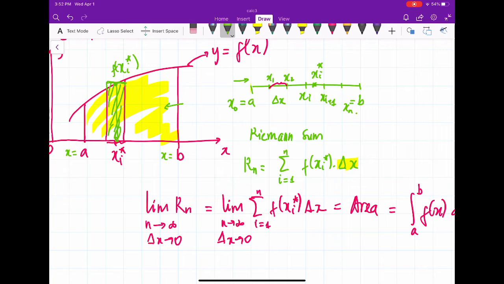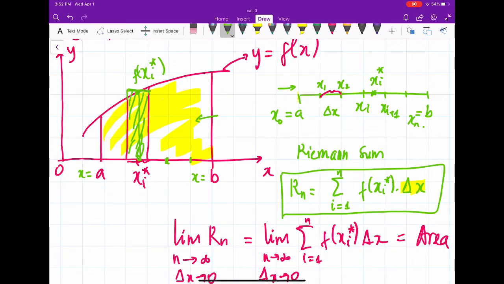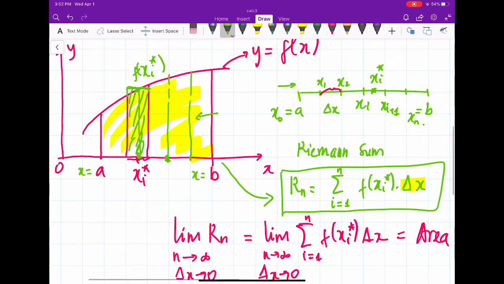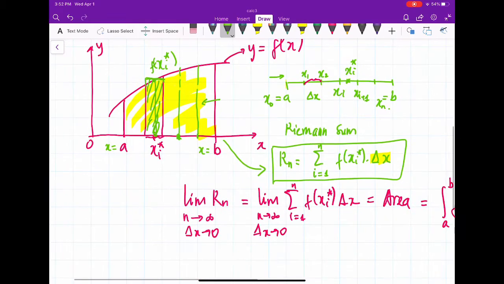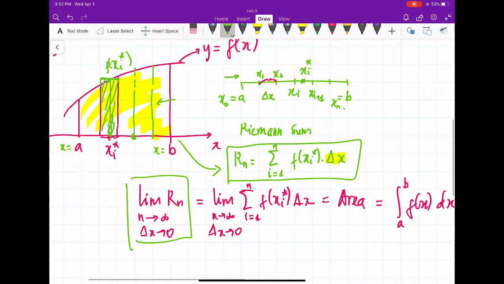Of course, each time when you approximate, you have some error, right? You do that for each interval, and then you sum them up. You get the Riemann sum. And then when you consider the limit, the error will go to 0. And that's why you get the exact area of the region.